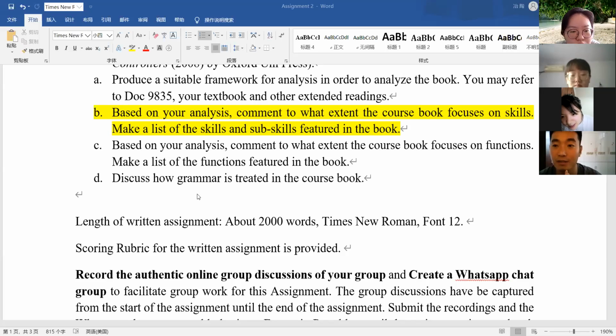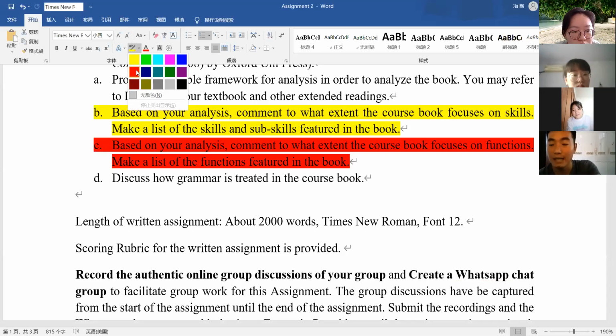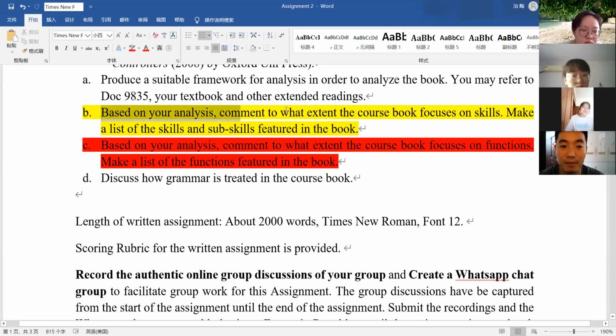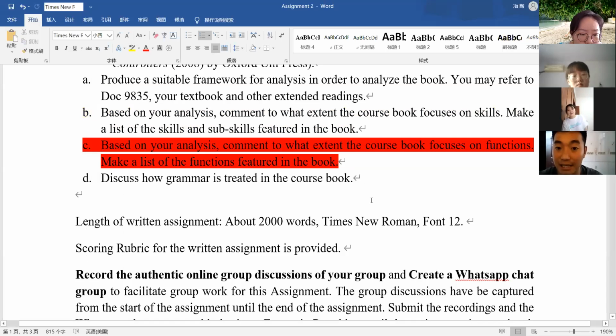Okay, C question. Based on my analysis, the course book focuses on functions. I have some drafts. Language plays a very important role in human lives. It is a social phenomenon. One of the main goals of language is to communicate with people and to understand them.